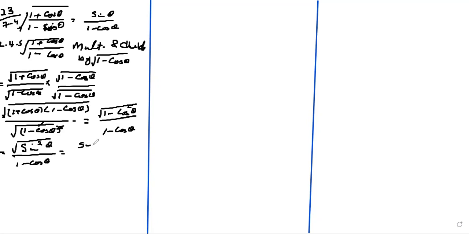We have sine theta divided by 1 minus cosine theta. Right? And you know that this is the right hand side. So left hand side equals to right hand side. Hence proved.